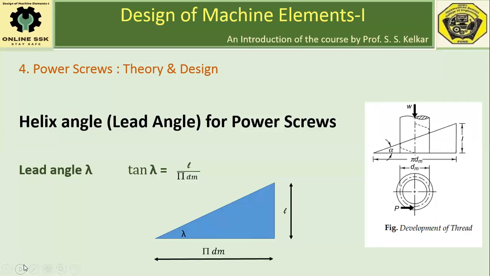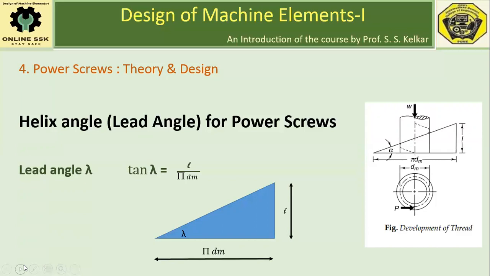You can see in the figure the development of the thread. For one complete rotation of the screw, the axial travel of the nut is equal to L. When the screw completes one rotation, in linear terms it is given by the mean circumference of the screw, pi times d_m.